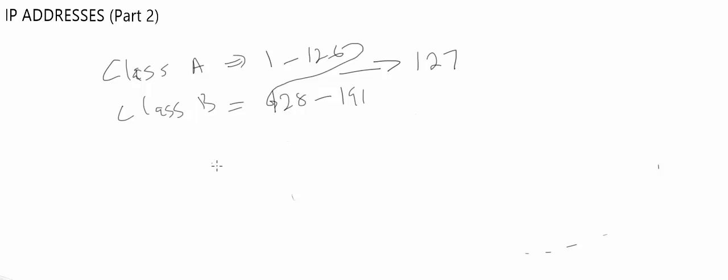What happens to addresses that start with 127? 127.0.0.1, 127.100.1.1. What happened to every address that starts with 127? This is what we call a loopback address.